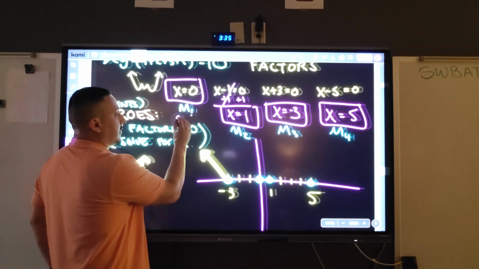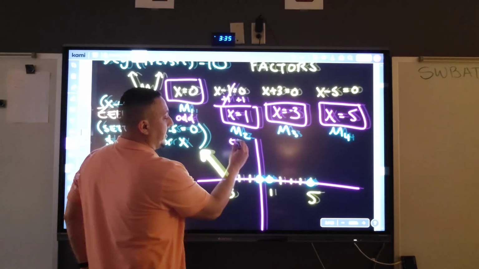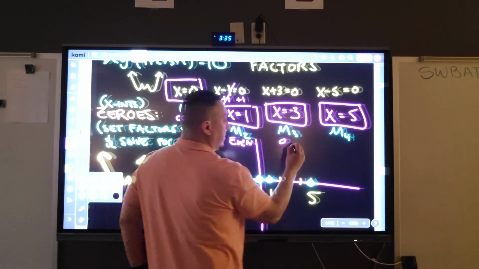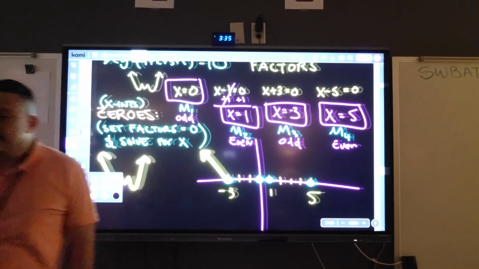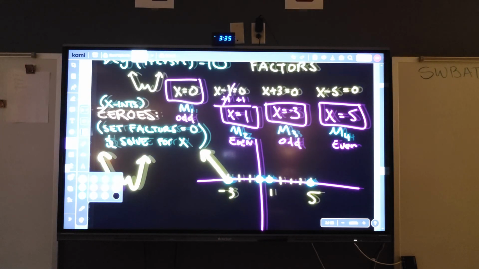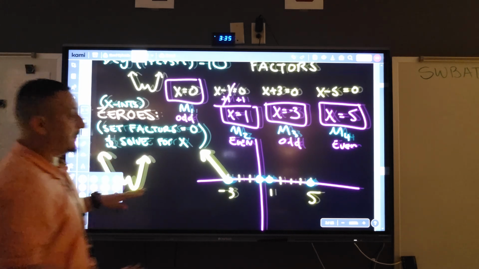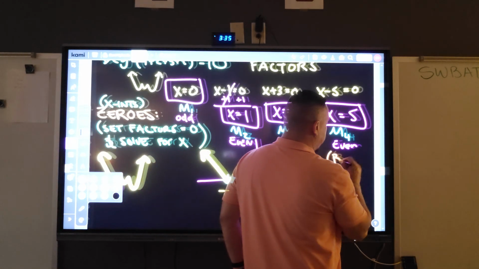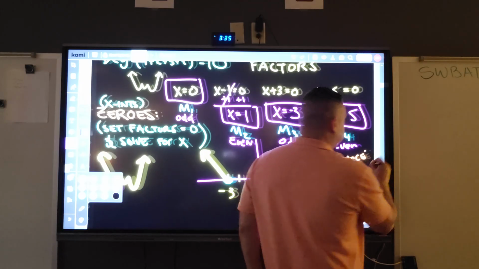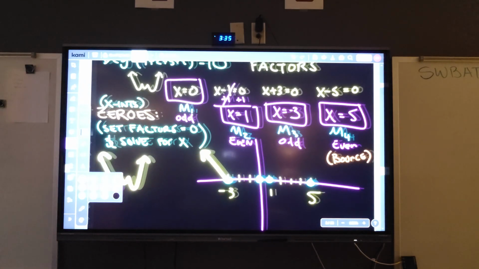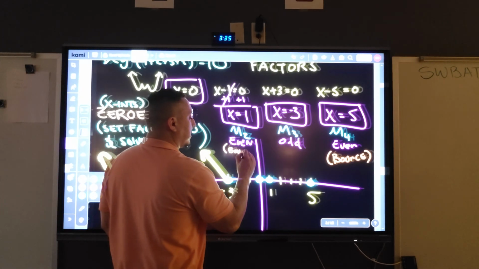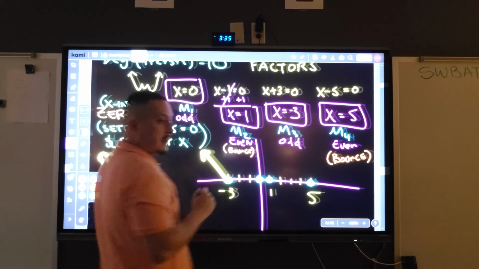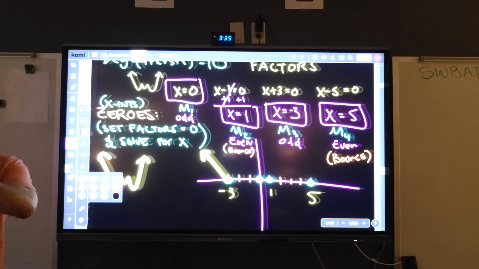1 is odd. 2 is even. 3 is odd. 4 is even. Even and odd are going to tell us what to do. This is the last piece of the puzzle. If it's even, it's going to bounce. If it's odd, the opposite of bouncing, instead of bouncing off of something, you go through that something.